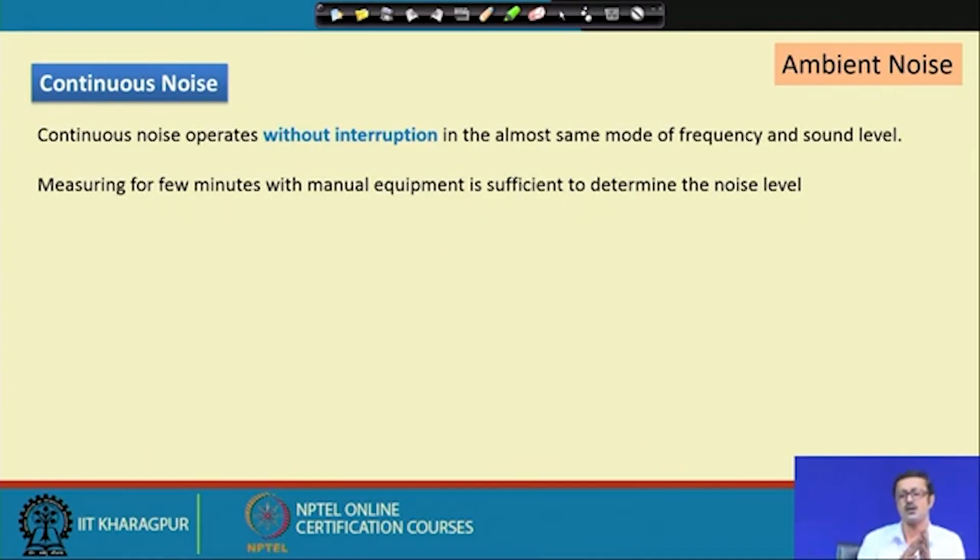It is not frequency specific; it is a band of frequencies which goes on for a longer duration. To measure it, you use some equipment to record and measure that noise. You spend some minutes and find out the total level of the sound.